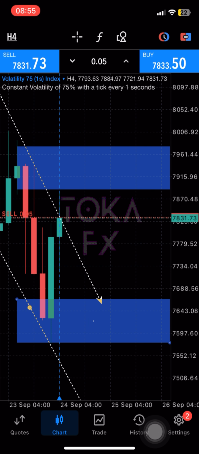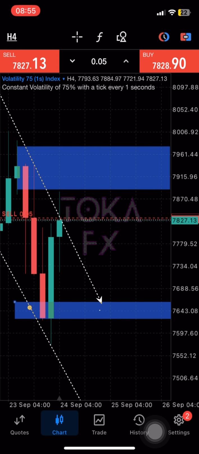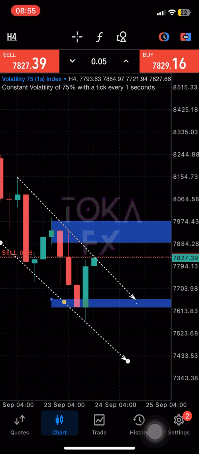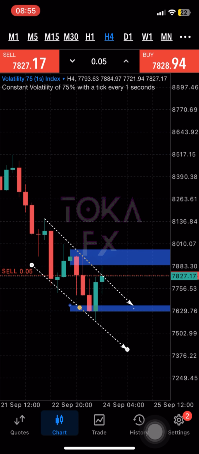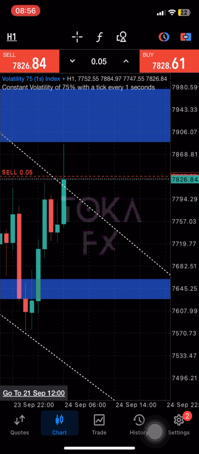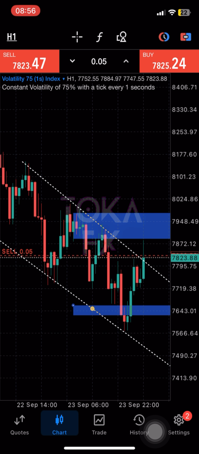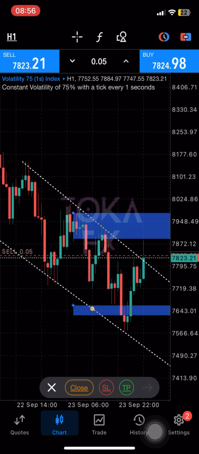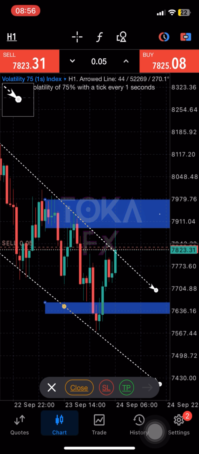So yeah, this is the H4 time frame. I'm just making sure that everything is accurate. So yeah, I've had that rejection which touched that diagonal resisting trend line, and it has also gone up to that resistance level there. So with that, I'm sure that the market will not break that level.